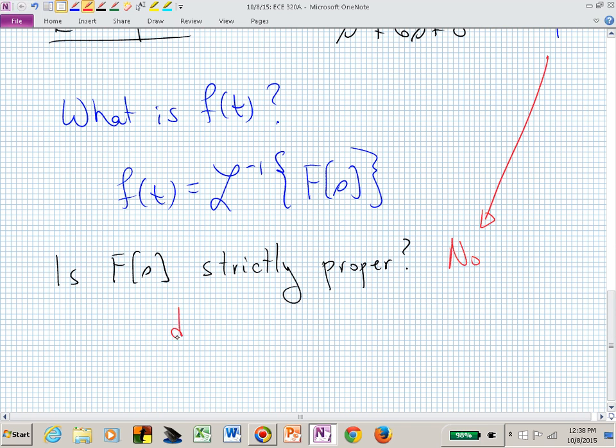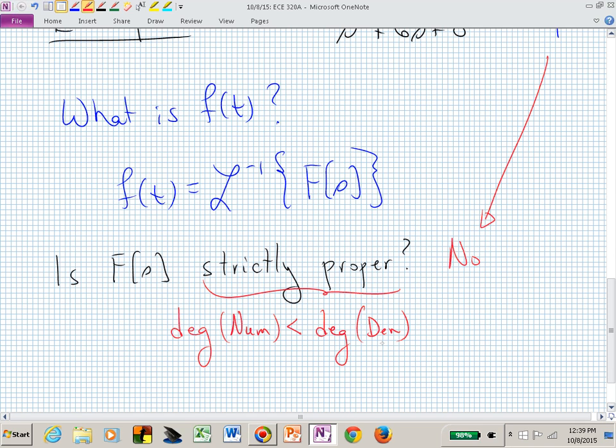Do you want me to give you the definition of strictly proper? This means the degree of the numerator is less than the degree of the denominator.